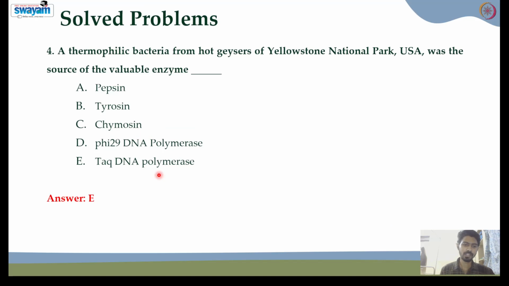Okay, then if we see the first three options, pepsin, tyrosine, chymosin, these are all proteolytic enzymes, which help in degrading larger proteins into simpler amino acids. And 529 DNA polymerase is also one of the DNA polymerases that has been isolated from Bacillus subtilis. So among these, Taq DNA polymerase is from the thermophilic bacteria.